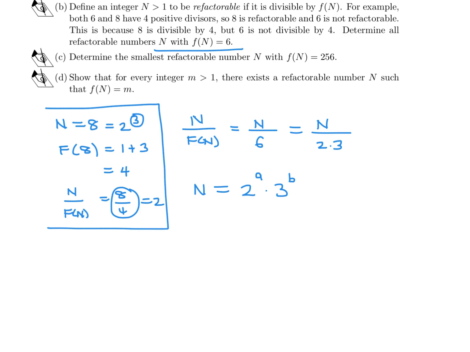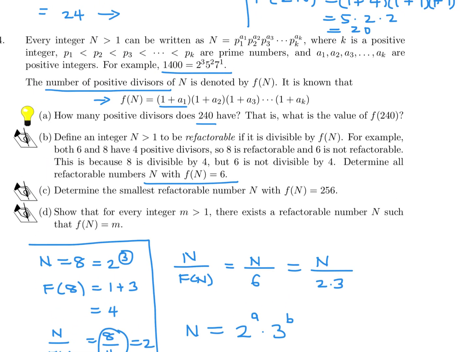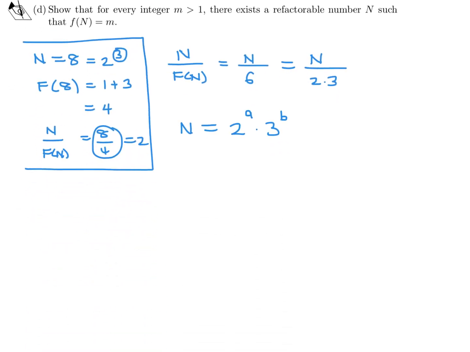And if you really wanted to, you could use their notation, the a1. Okay, I'll use their notation. n is equal to 2^a1 times 3^a2. It doesn't really matter, but just to be consistent. And then, remember, f of n is equal to 6.